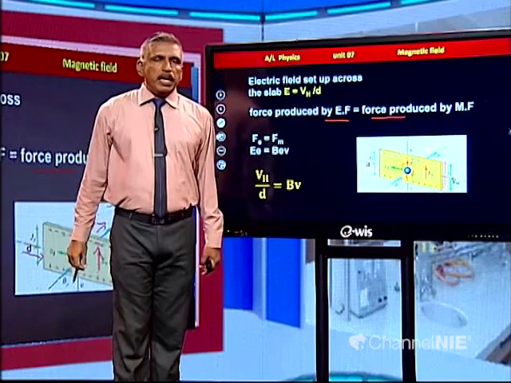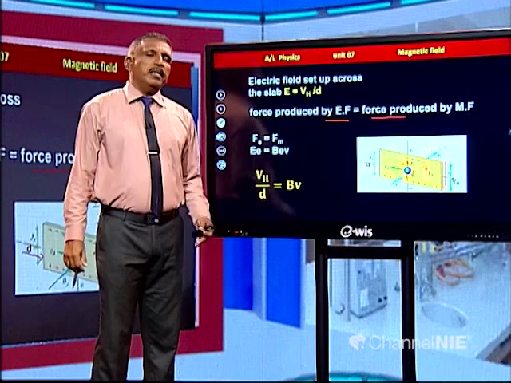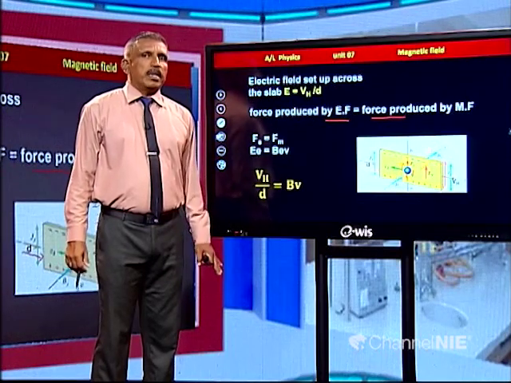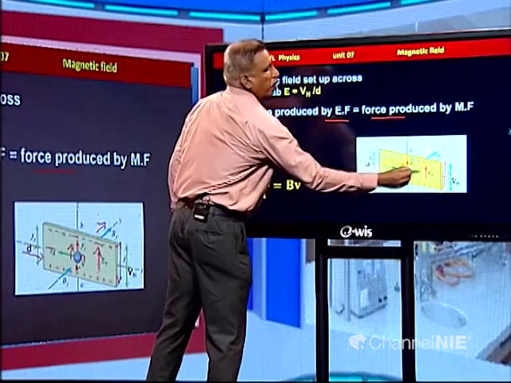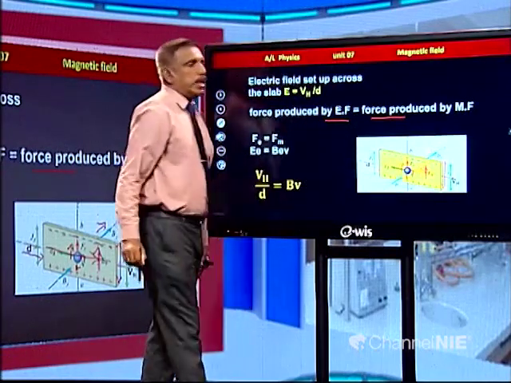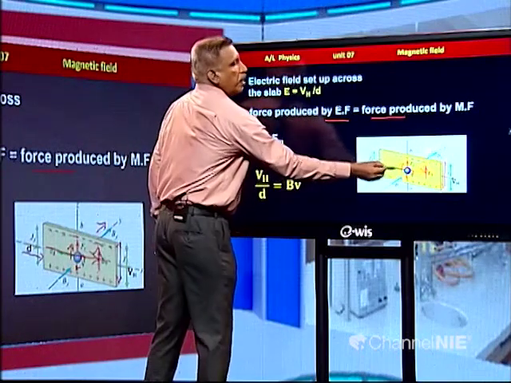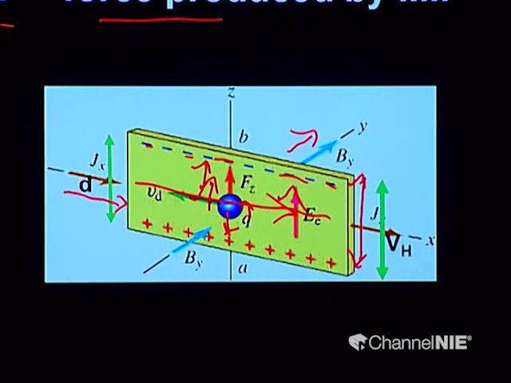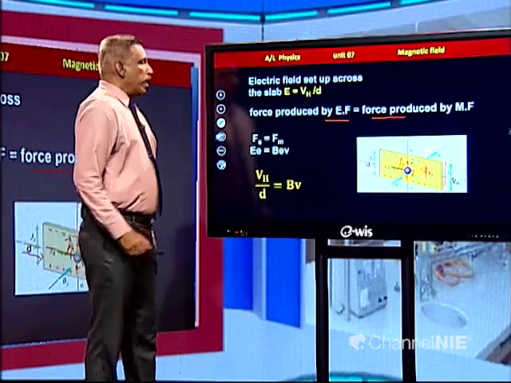That is known as the steady state of the current. Normally current passes directly from here to here, with no change, otherwise the charged particle would bend.